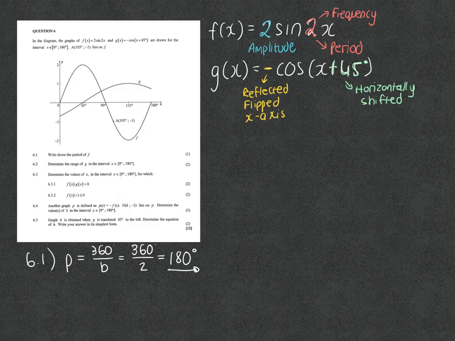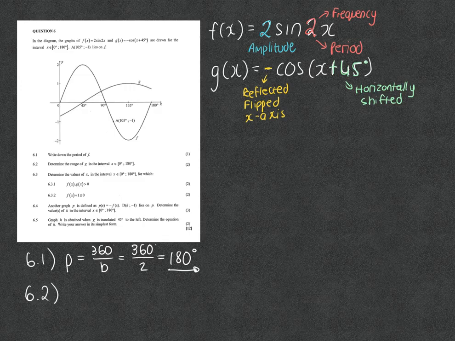Okay. 6.2, what do we got? Determine the range of g in the interval of 0 to 180 for a domain. Okay, so the range of g: how high and how low is g going? Well, g's amplitude hasn't been affected, has it? So g's amplitude is still 1, which means that it's going up to a high point of 1 and down to a low point of minus 1.